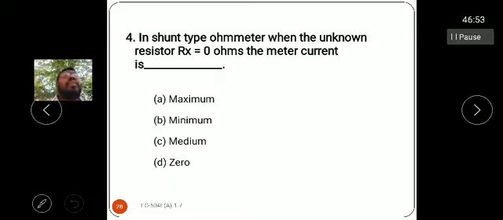The same questions have different answers because of shunt type and series type. Here, for the shunt type ohmmeter, when the unknown resistance Rx is 0 ohms, the meter current is maximum, minimum, medium, or 0. Our answer is minimum. Minimum is nothing but 0, because Rx is equal to 0, that is the ideal condition. Then Rx is equal to 0, the meter current is also 0. If Rx is equal to infinity, the meter current is also infinity.